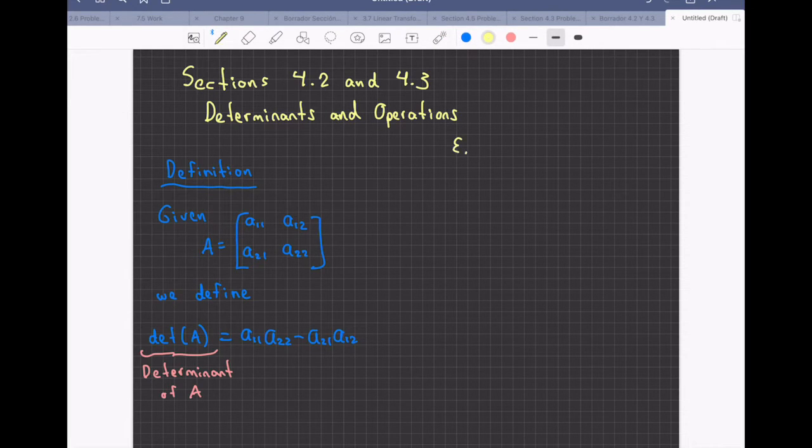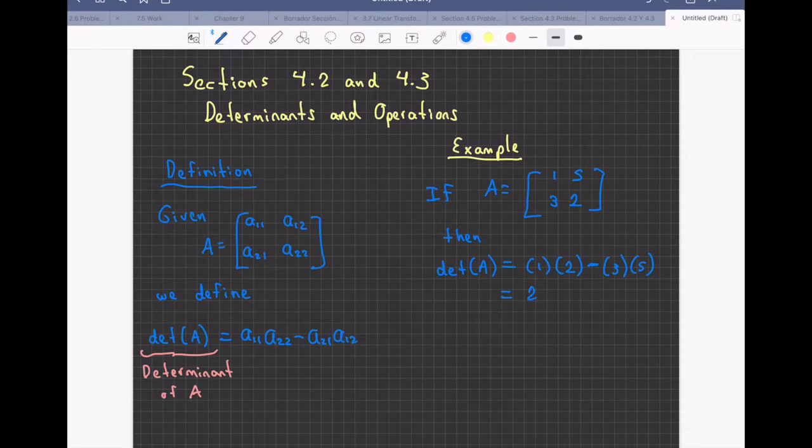Example. If we have the matrix A given by 1, 5, 3, 2, then the determinant of A is equal to 1 times 2, this times this, minus 3 times 5.